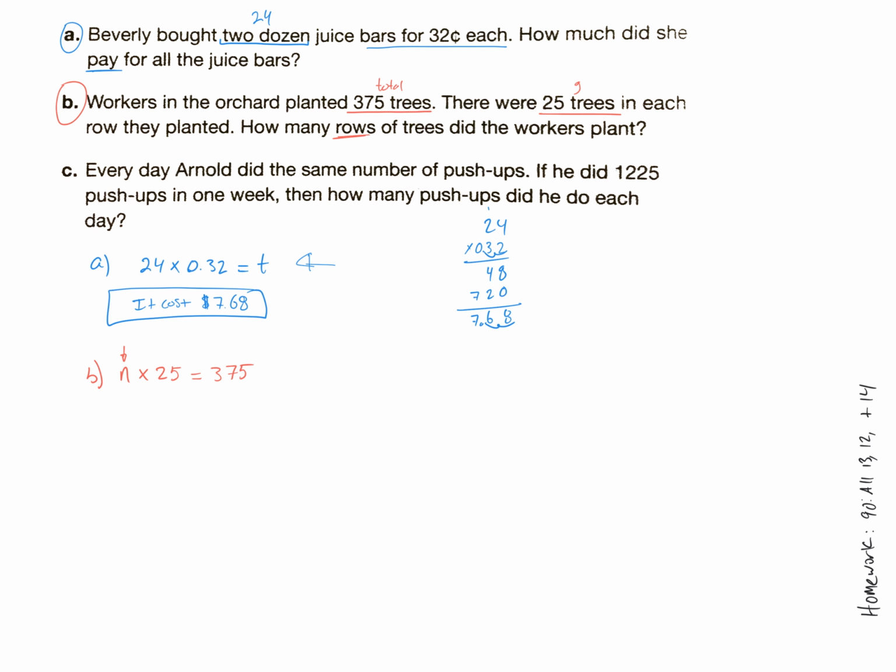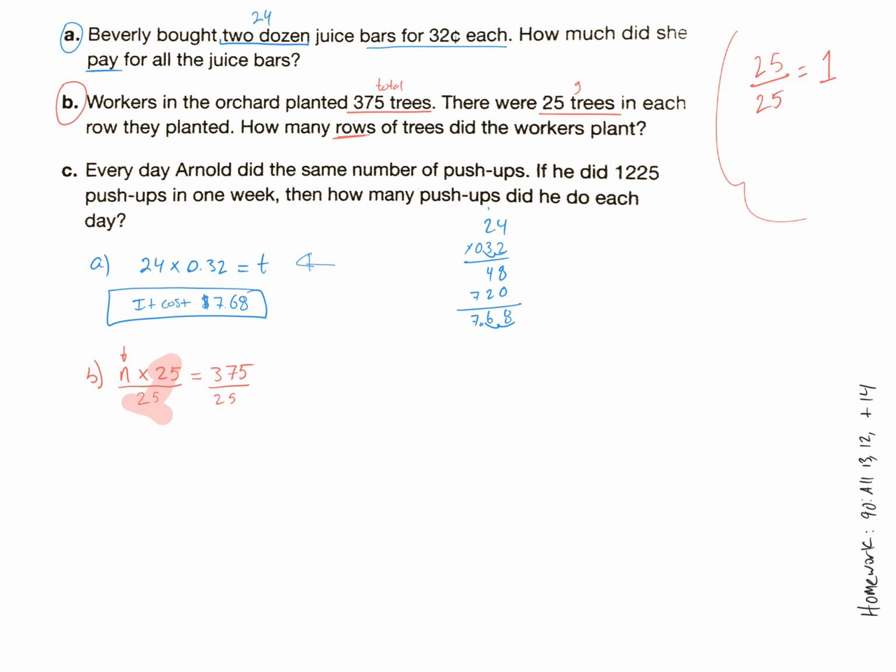Because n is being multiplied by 25, the opposite of multiplying is to divide. So I need to divide this side by 25 and divide this side by 25. If you remember, 25 divided by 25 just gives you 1. If I had $25 and 25 students, each one would get $1. So 25 over 25 is just a big 1.